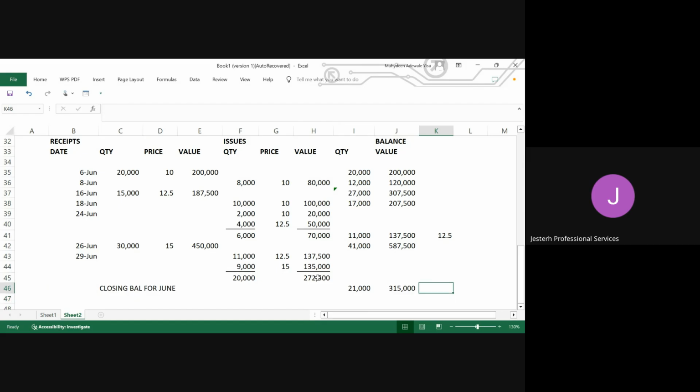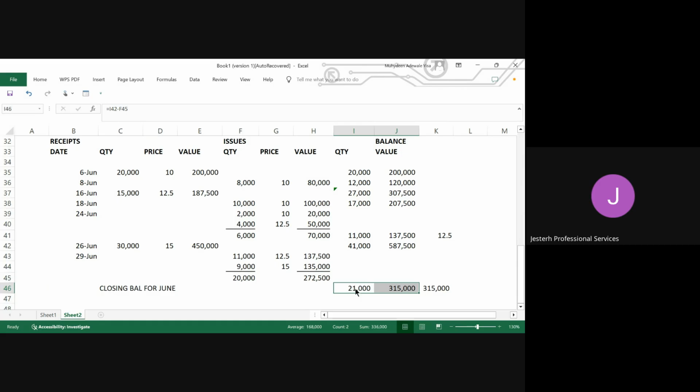Or you use this method: what you have remaining, which is only the one we purchased on the 26th, multiplied by the unit price at which you purchased it, which is 15 naira. You are still going to arrive at the same thing.